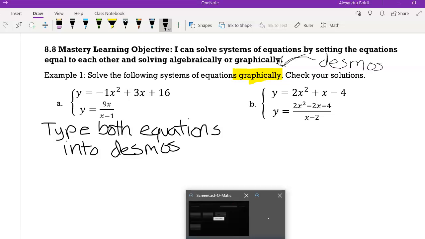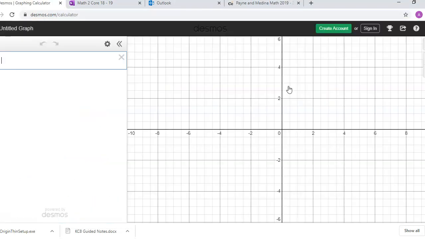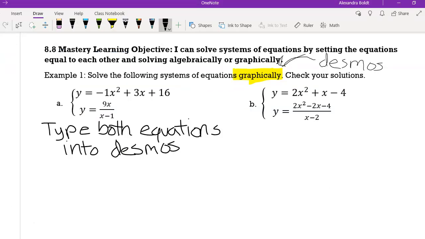So we are going to go to desmos.com. Alright, and we'll start graphing these. And we are going to type just this part, right? You don't have to type the y equals. You just have to type the actual function in.